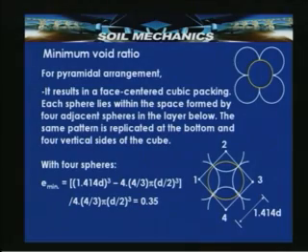Let us look at the formation for minimum void ratio. For pyramidal arrangement, it results in face centered cubic packing. Each sphere lies within the space formed by 4 adjacent spheres in the layer below, and the same pattern is replicated at the bottom and 4 vertical sides of the cube. So, you consider here 4 spheres, and the space in between these 4 spheres is filled by a sphere on the top.